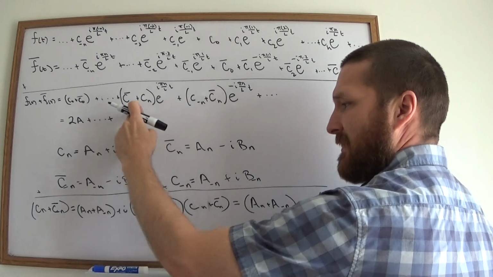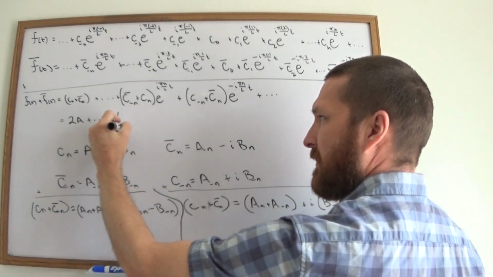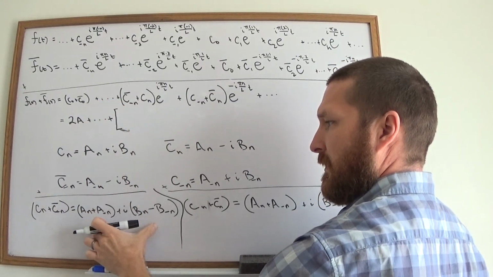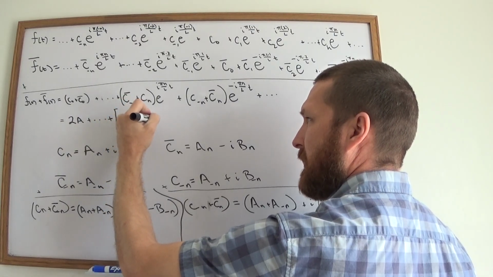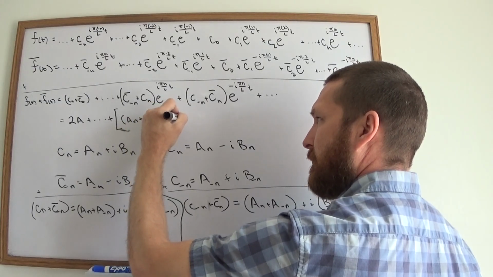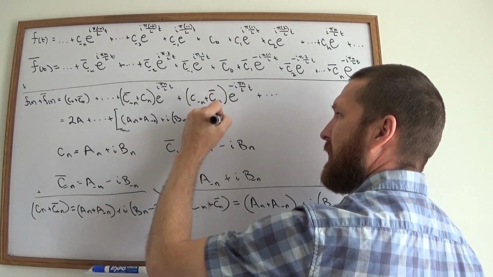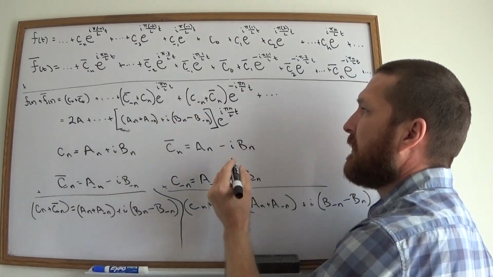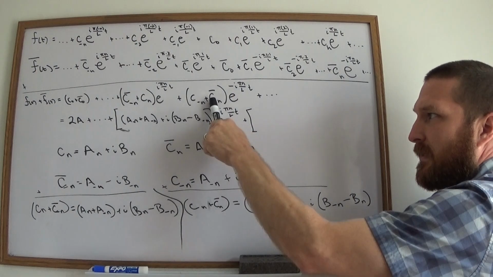So this is the same thing as, let's use brackets. A n plus a negative n plus i times b n minus b negative n, all times e to the i pi n over L t. This next one, big bracket, that was this one, yes.